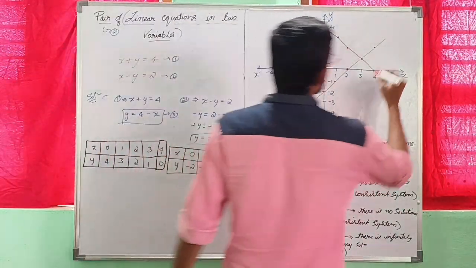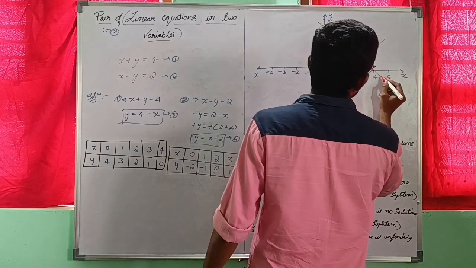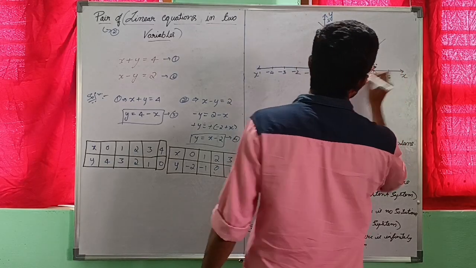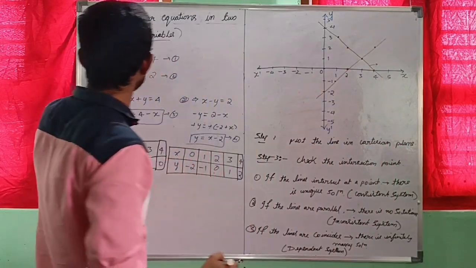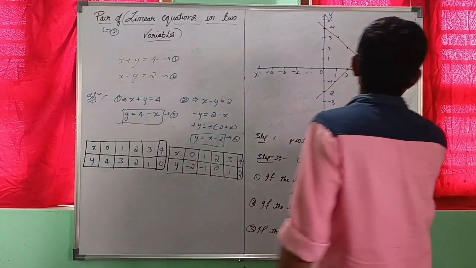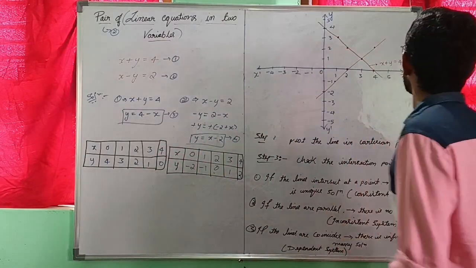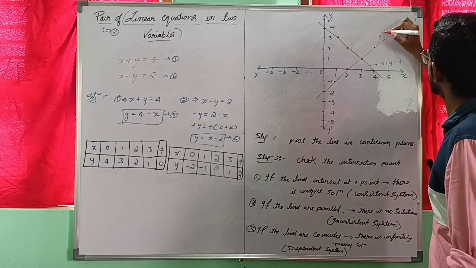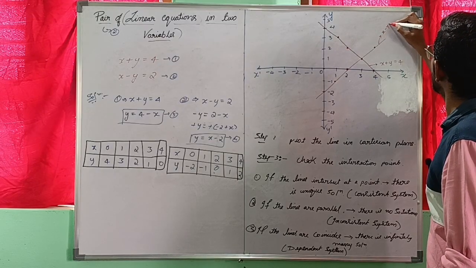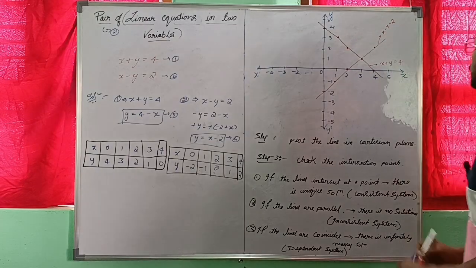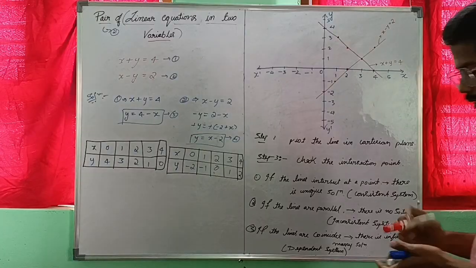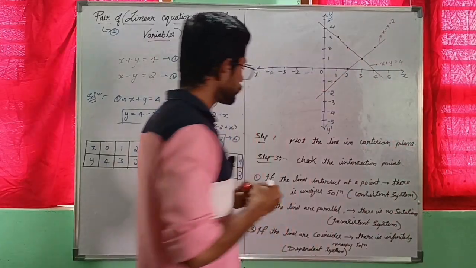So this line represents equation 1, that is x plus y equals 4, and this line represents x minus y equals 2. Now we get the intersection point here.